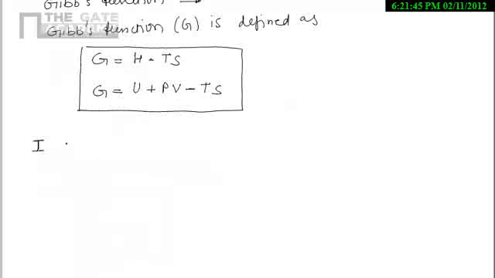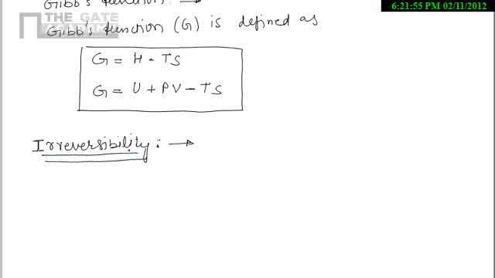It is also important. In the last chapter, we have already defined the types of irreversibility, that is internal irreversibility and external irreversibility. Now we will talk about the definition of irreversibility and how we can calculate it.